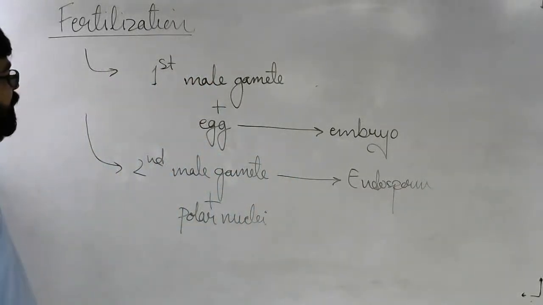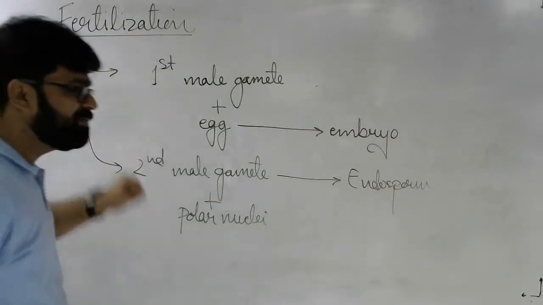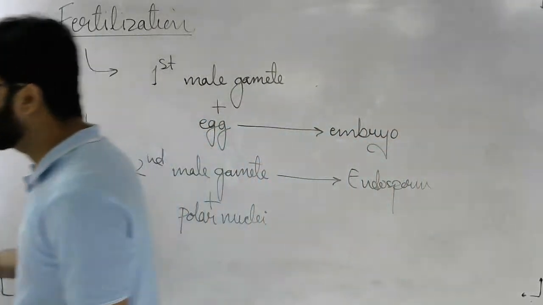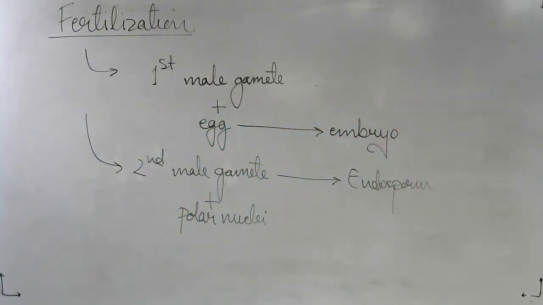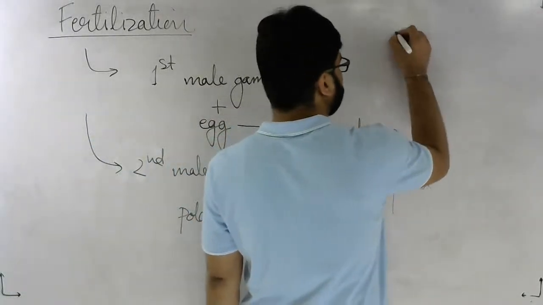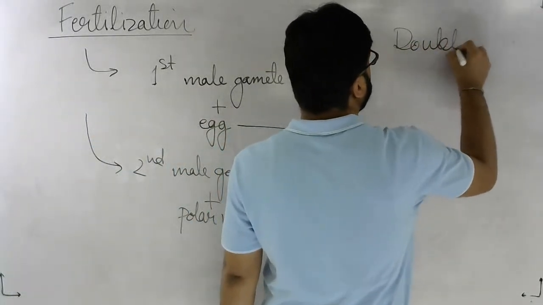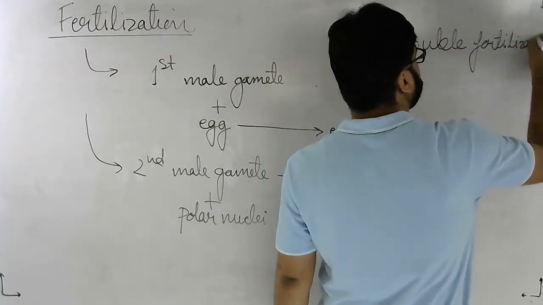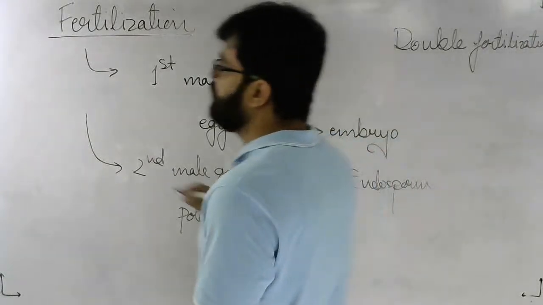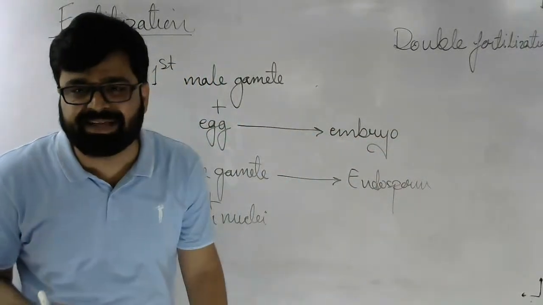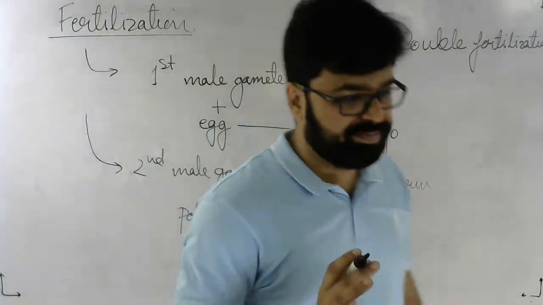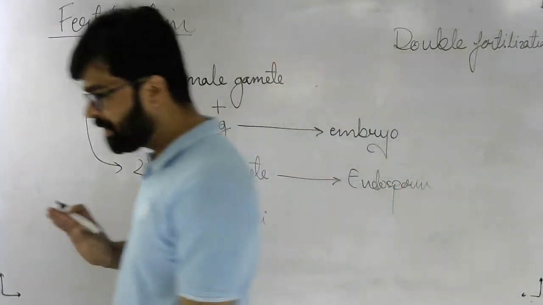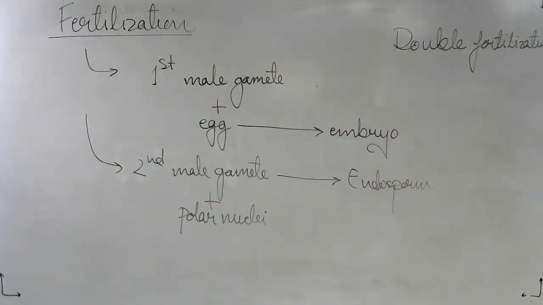Because fertilization is taking place twice, this phenomenon is known as double fertilization. What do you call it? You call it double fertilization. And again, double fertilization is the characteristic feature of angiosperms. Angiosperm का characteristic feature होता है, right? Absolutely right.